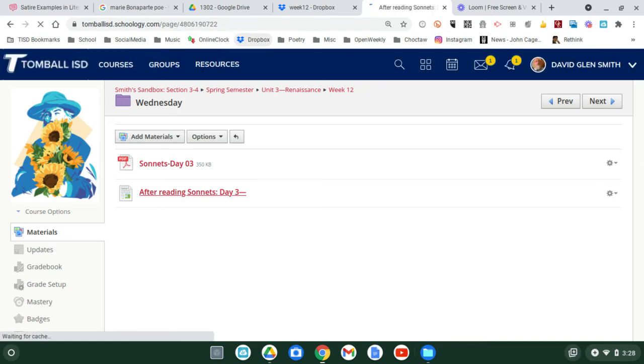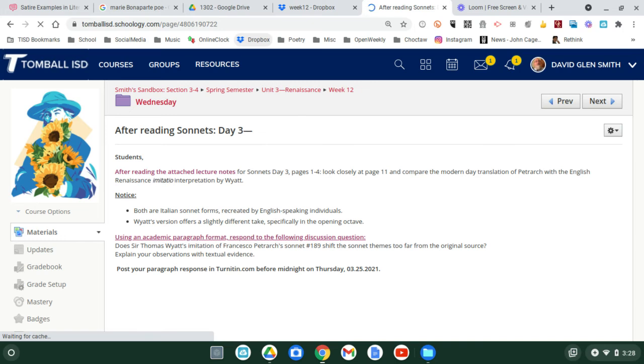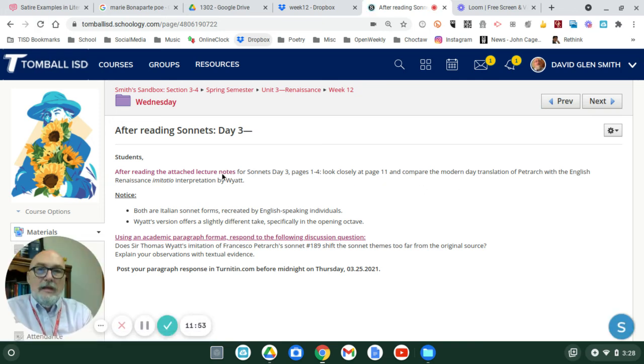So after rereading pages 1 through 4, I want you to, again, look closely at page 11, compare the modern day translation of Petrarch with the English Renaissance imitatio version, which was by Wyatt. Again, both of these are Italian sonnet forms recreated by English-speaking individuals.